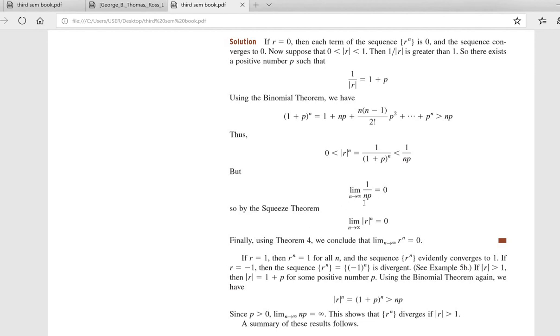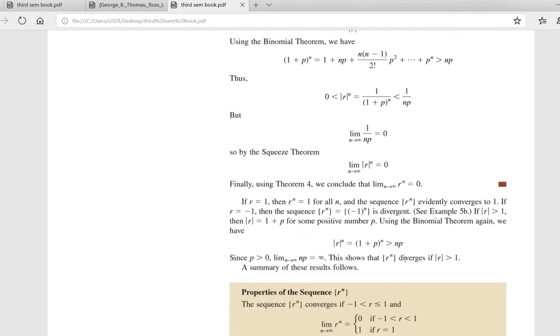And we have limit n tends to infinity, 1 by n p is equal to 0. So by Squeeze theorem, this limit of r raised to n is equal to 0. So 0 less than mod r raised to n less than 1 by n p, then limit of r raised to n is equal to mod r raised to n equal to 0 by Squeeze theorem. Right?